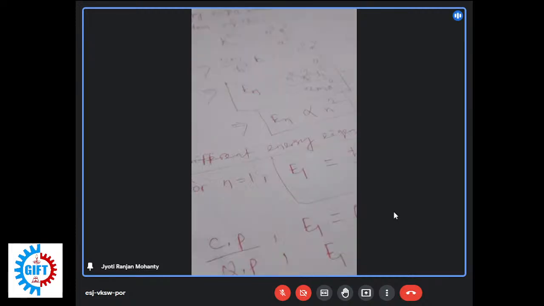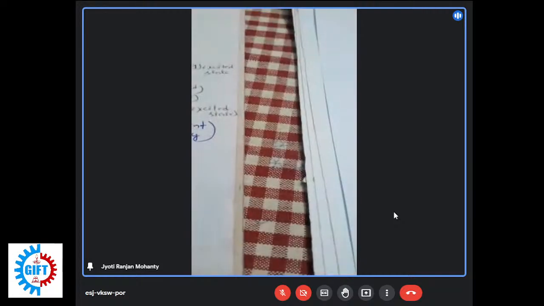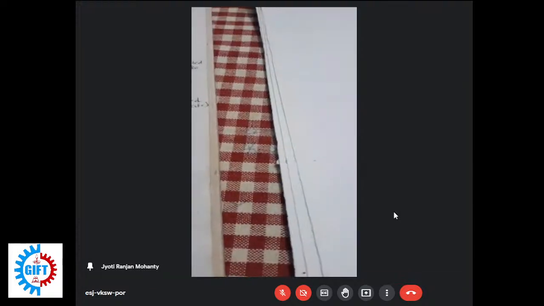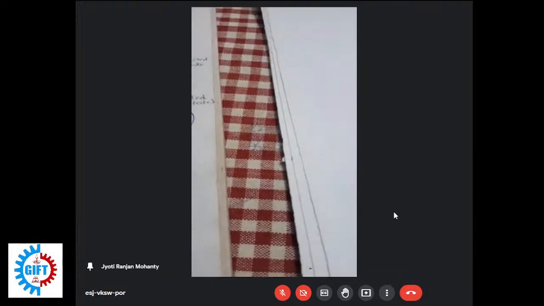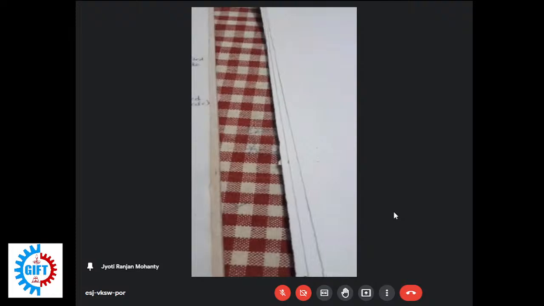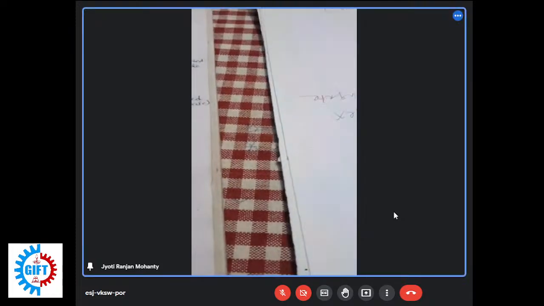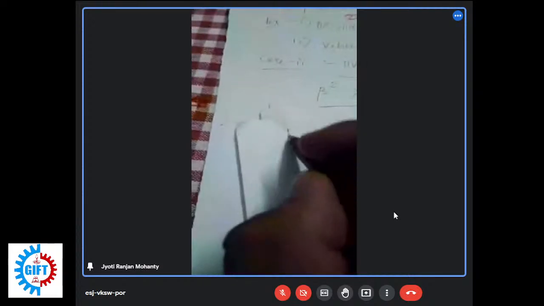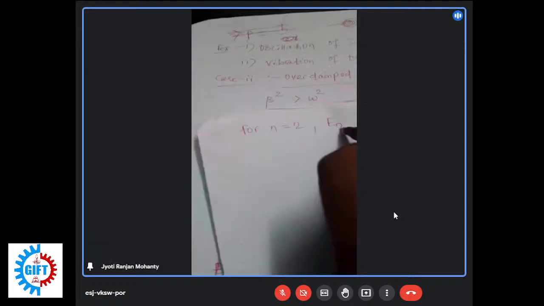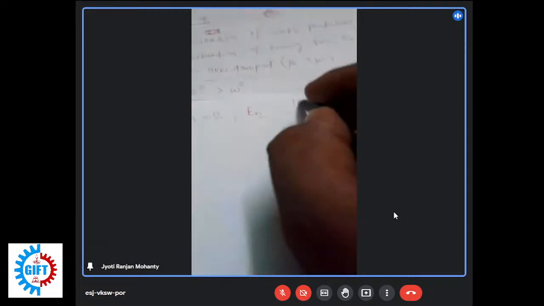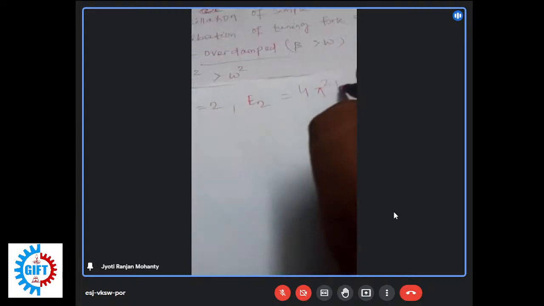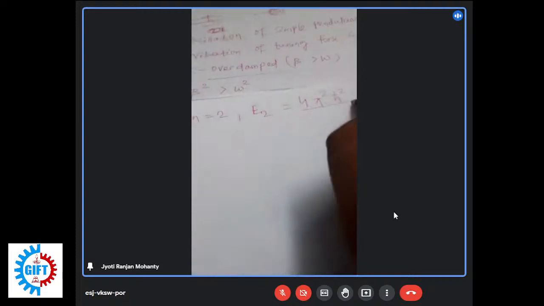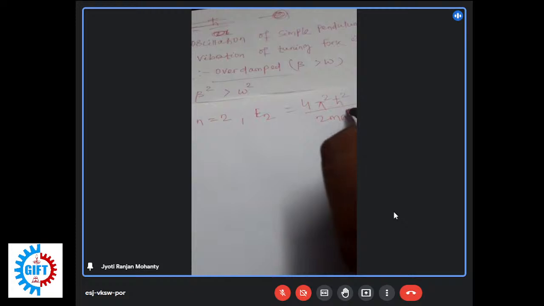Now similarly find for n equal to 2. For n equal to 2, E2 is equal to 4 pi square h cross square by 2m a square.